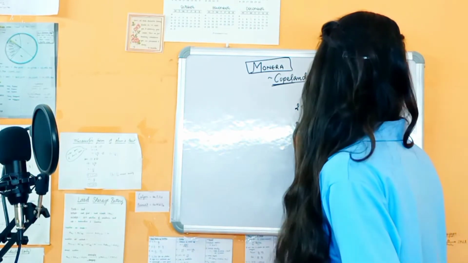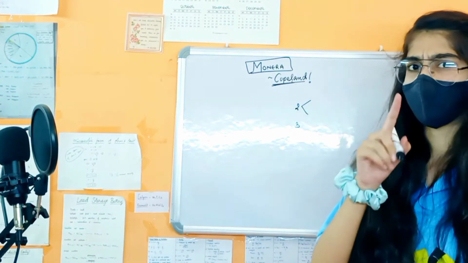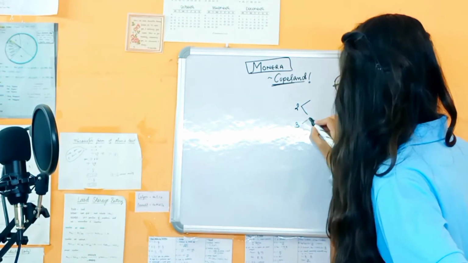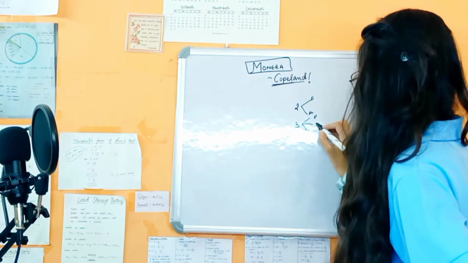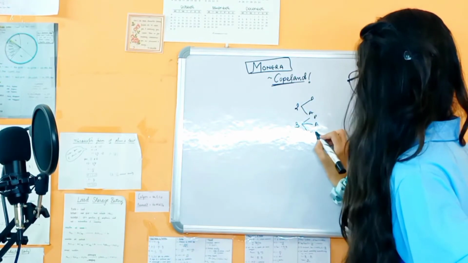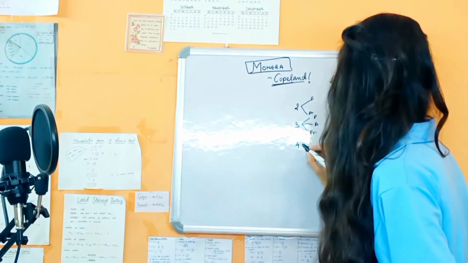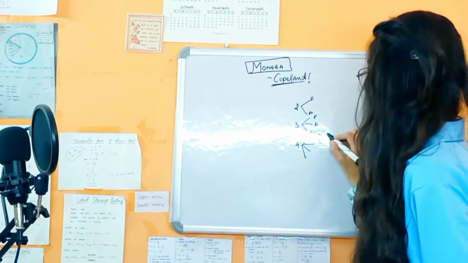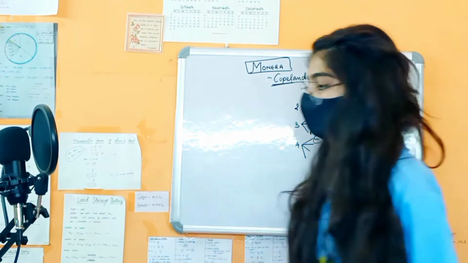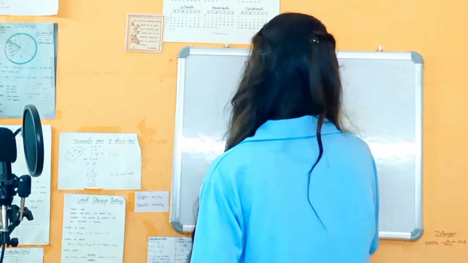After that, three kingdom classification came, established by Ernst Haeckel, with plants, animals and protista. After that, four kingdom classification was proposed by Copeland, in which he included monerans for the first time. We're going to study monerans in more detail today.